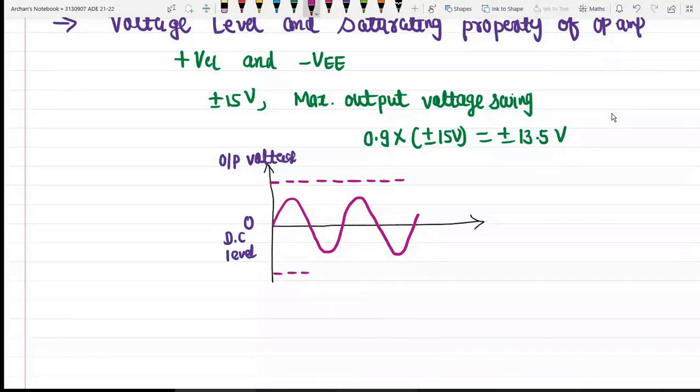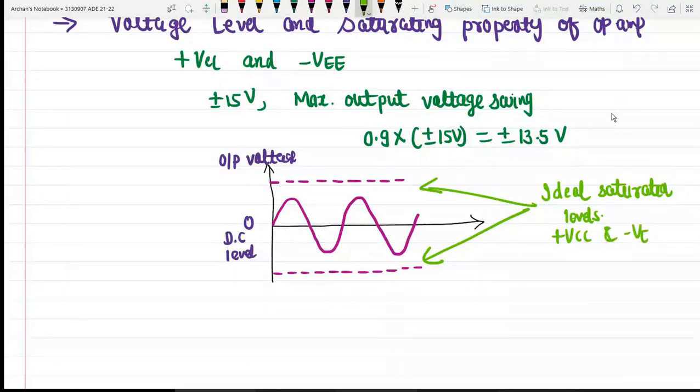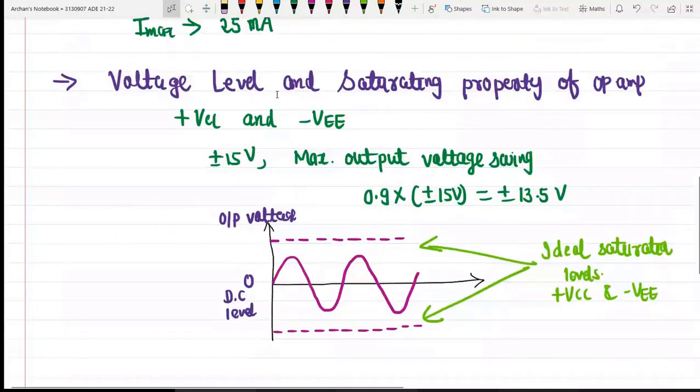So these are my ideal saturation levels, that is plus VCC and negative VEE. This is the output levels with 0 DC level. So this is all about the voltage level as well as the saturating property of the operational amplifier.